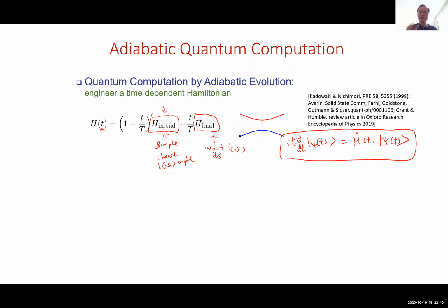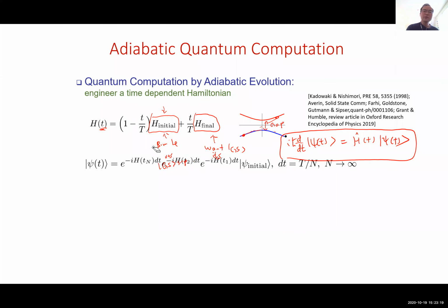And basically what it says is, if you start with the ground state and let it evolve, it should follow through to the ground state of the final Hamiltonian, provided that there's a gap. Okay. And you should also not evolve too fast, because if you evolve too fast, the state, representing the state of the particle, may jump up, right? It may go up.